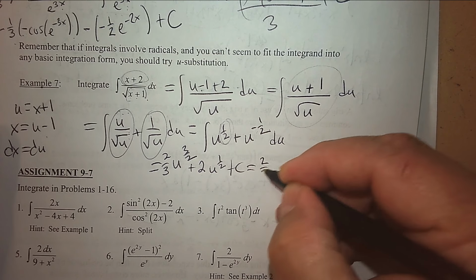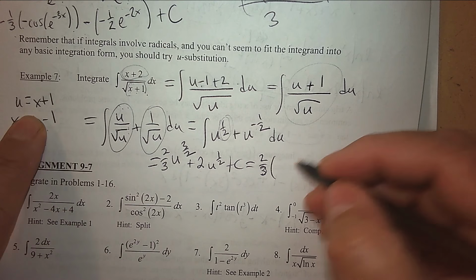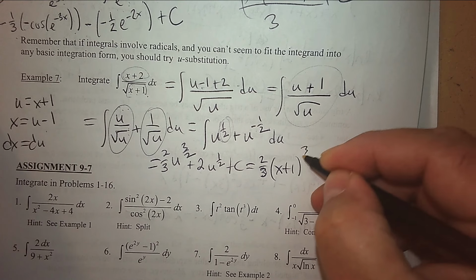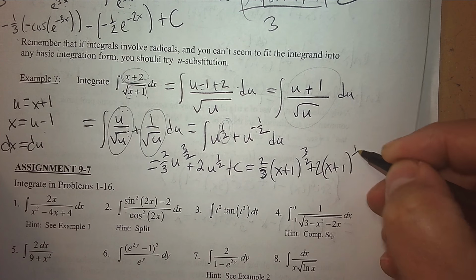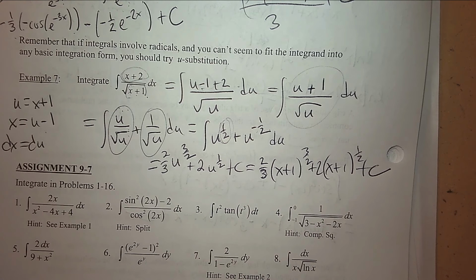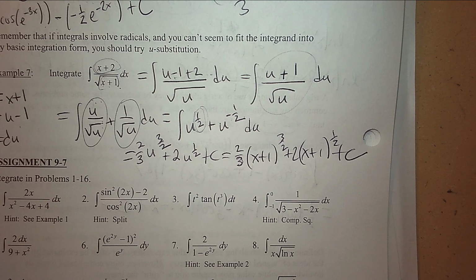And then what's the last step? Put u back, right? What does u equal again? X plus 1. All right, that's it. Now the hard work really begins.